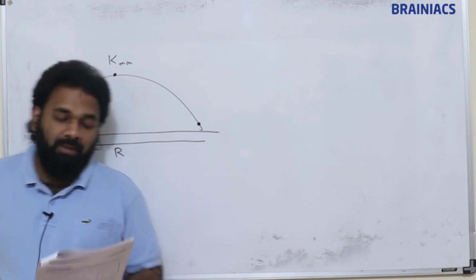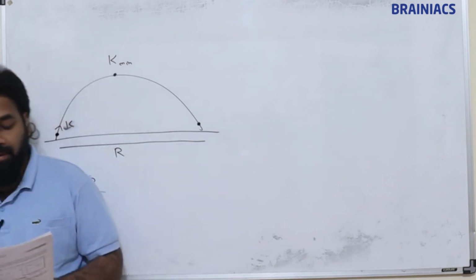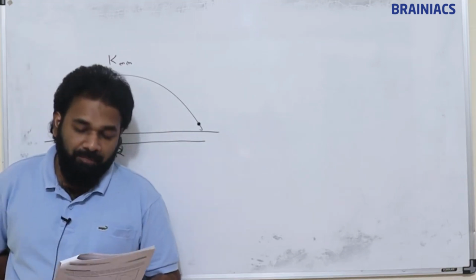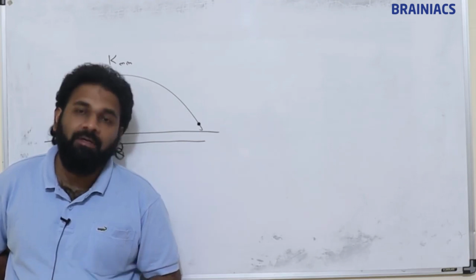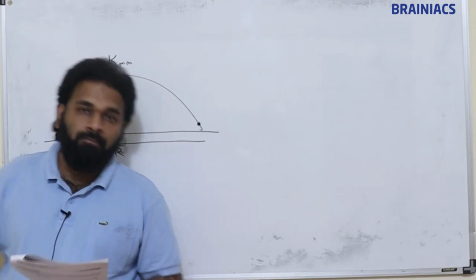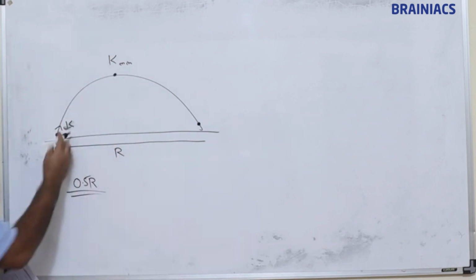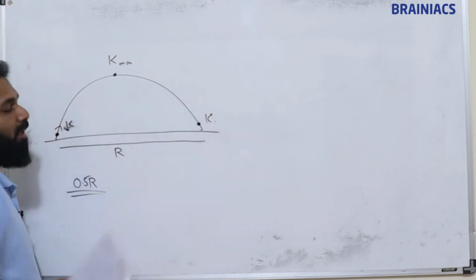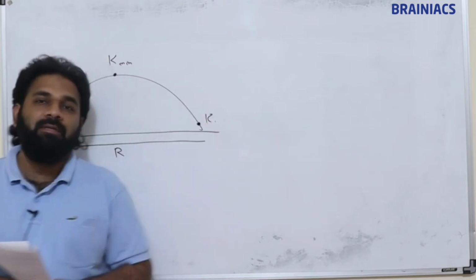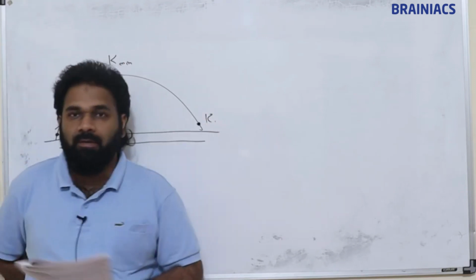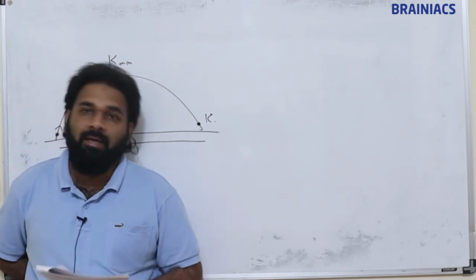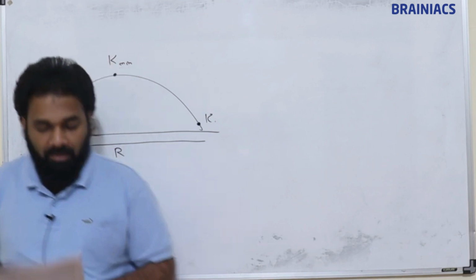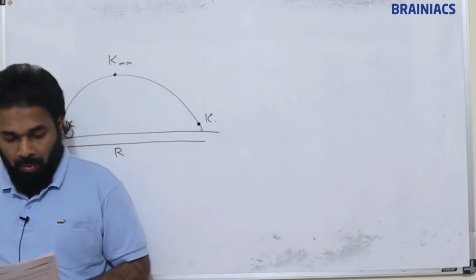See, if the kinetic energy here is k, then here it is again going to be k. It doesn't matter whatever be the direction. Kinetic energy or energy is generally scalar. So the answer is 0. There won't be any change in kinetic energy.